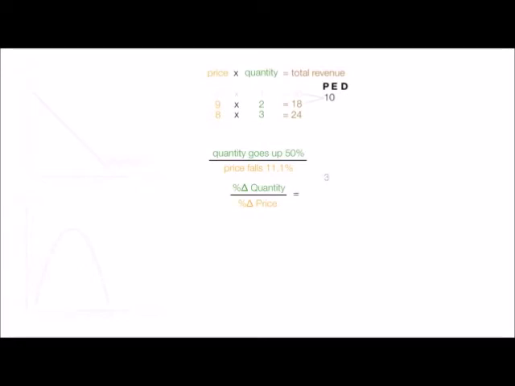In this case, it's the new quantity, 3, minus the old quantity, which is 2, divided by the old quantity of 2, times 100. And that's the percent change in quantity demanded.